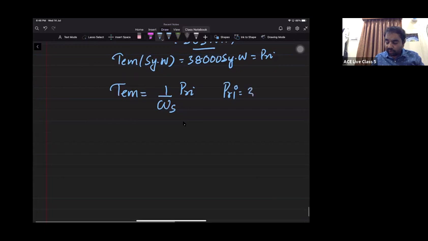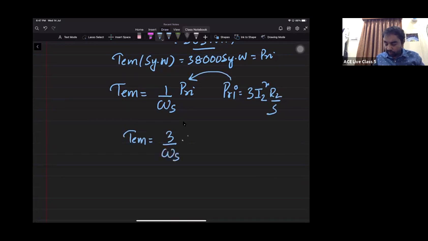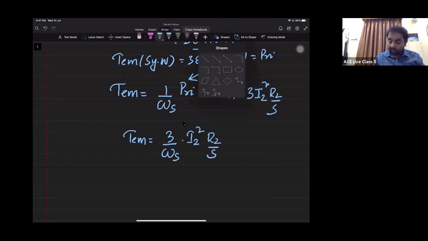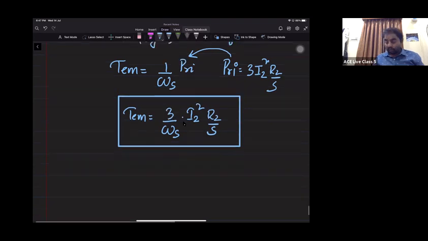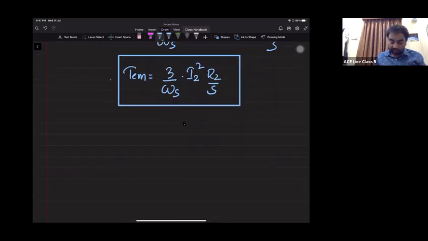It is 3 I2 square into R2 by S. I'll substitute this here, so the electromagnetic torque is equal to 3 by omega s into I2 square into R2 by S. This is the equation for the electromagnetic torque, which we call the basic torque equation.